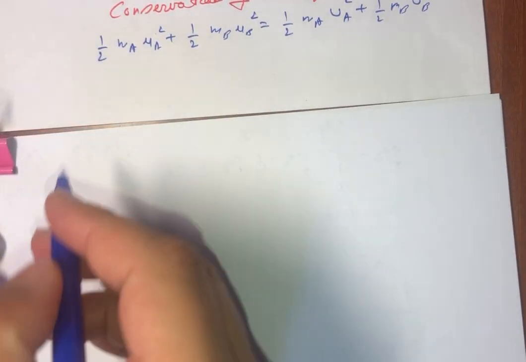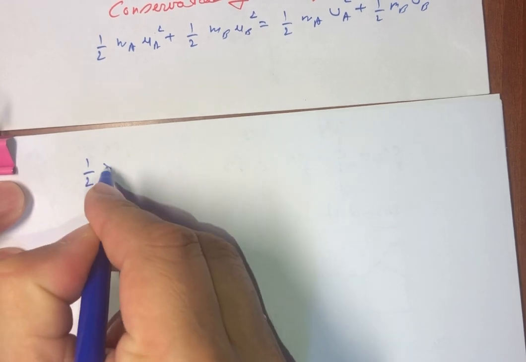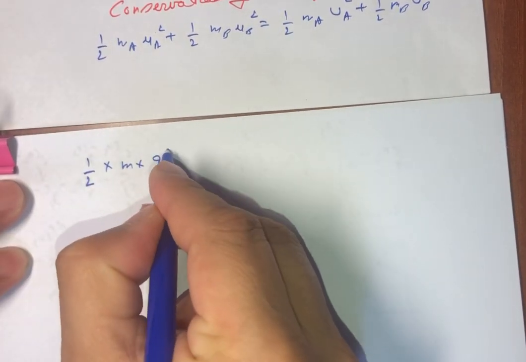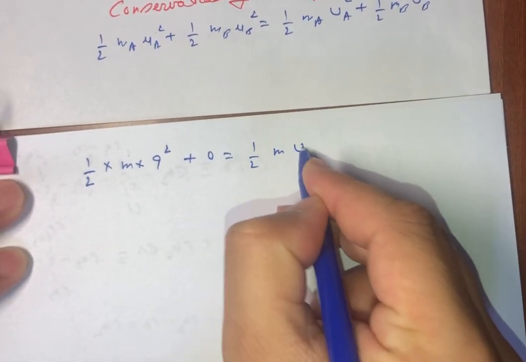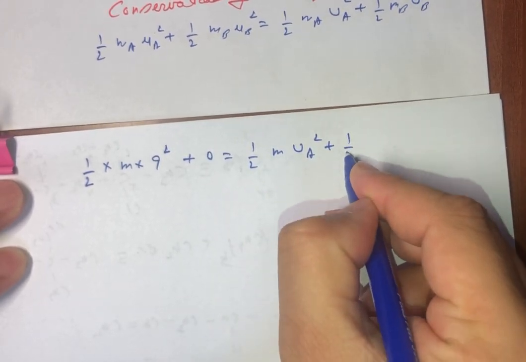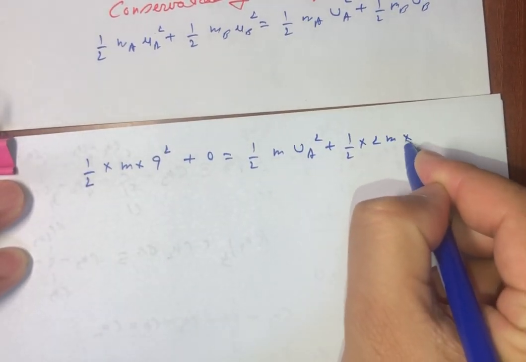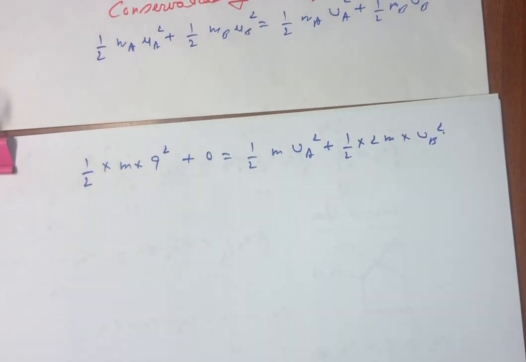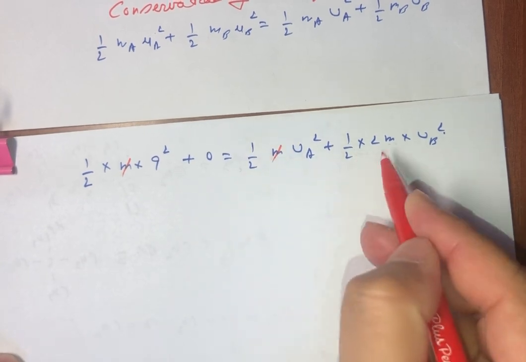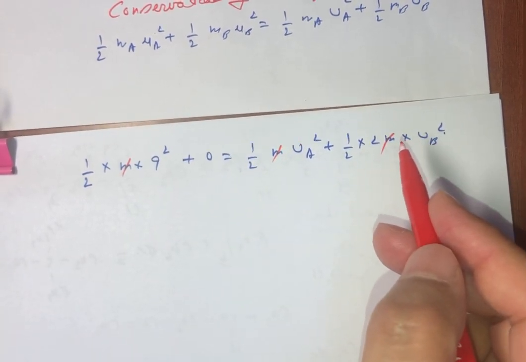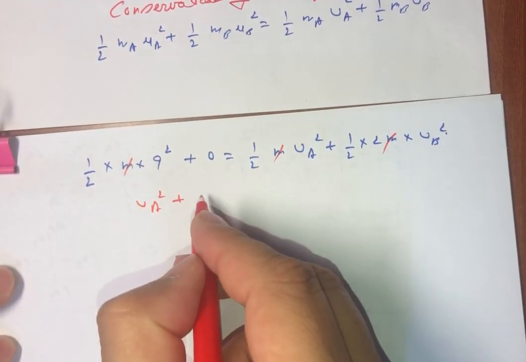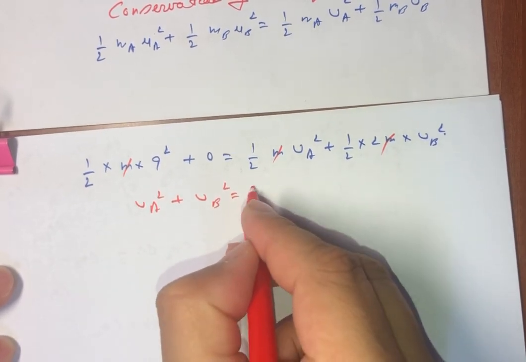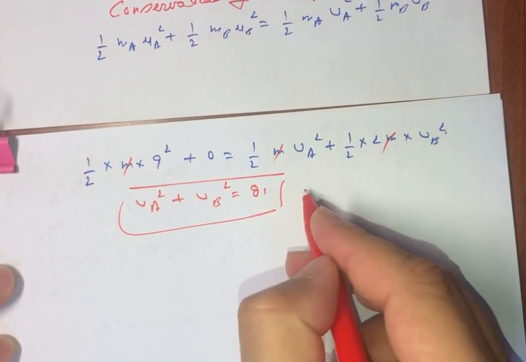Once again, substituting these values, we get half into m into 9 square plus 0 is equal to half m VA square plus half into 2m VB square. Once again, m cancels out throughout. Therefore, we get VA square plus VB square is equal to 81. Let us call this equation number 2.